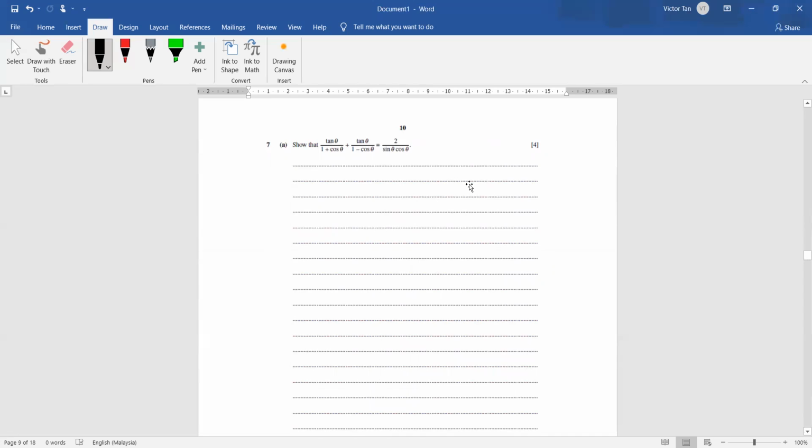Question 7. Show that tangent theta. This is proving, so you're going to prove from the left-hand side, which is more complicated. What I'm going to do is, usually in this type of question, you make it into a single fraction.